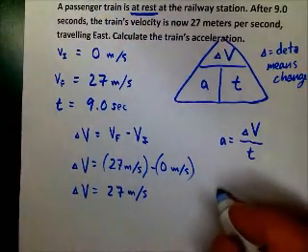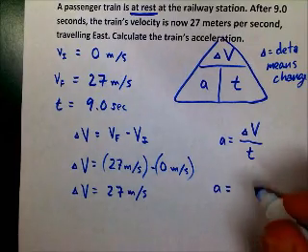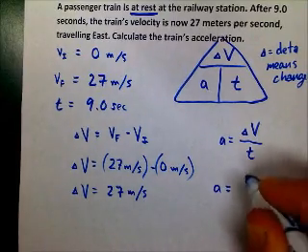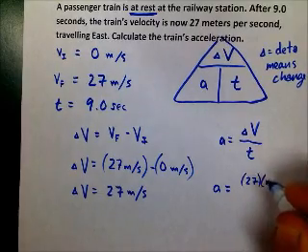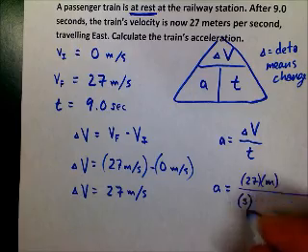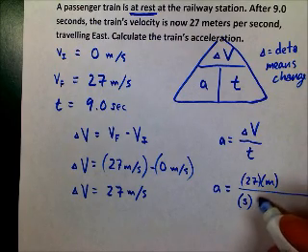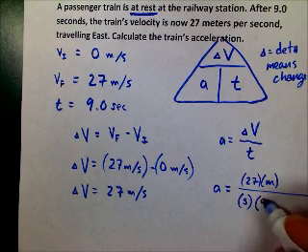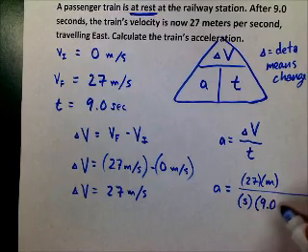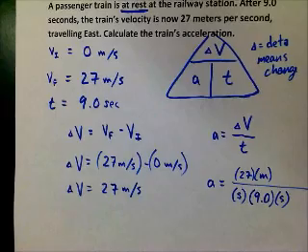Okay, so we're going to have a equals, our change in velocity is 27 meters per second, and our time that we're looking for is 9.0 seconds, and we're going to divide that, so that's going to wind up being on the bottom of the equation.